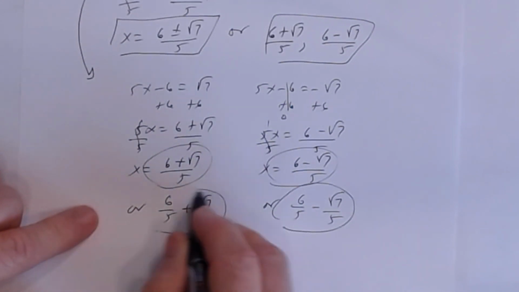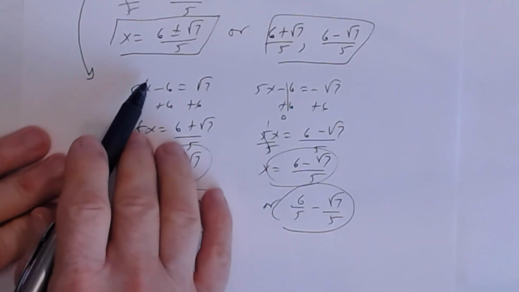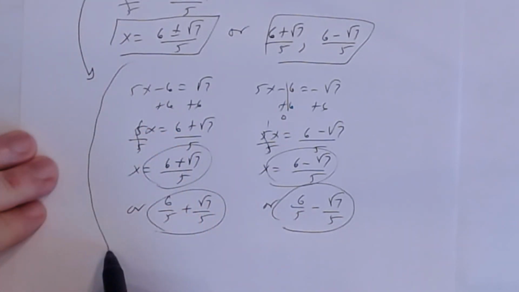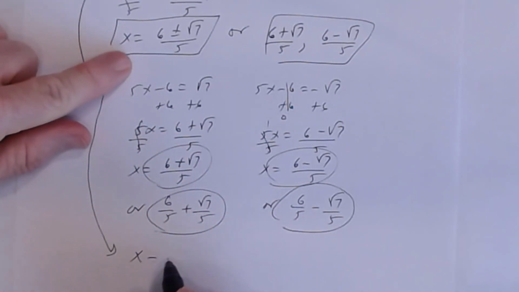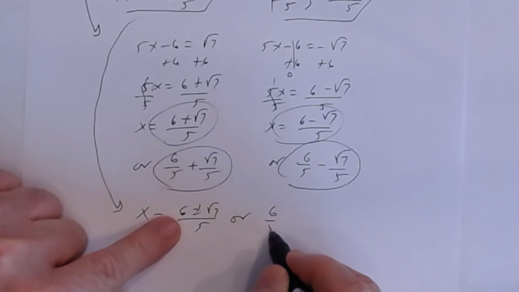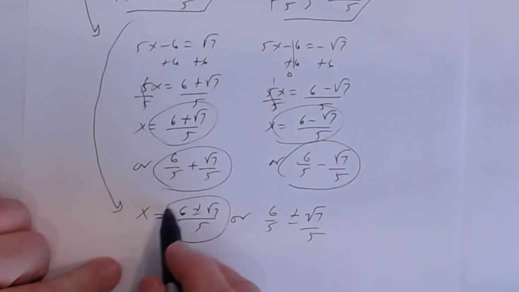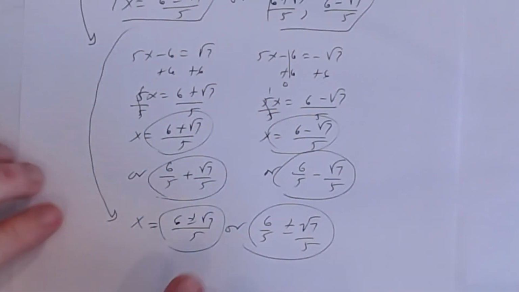So these are all different ways of writing the answer. You could have said x equals 6 fifths plus or minus square root of 7 fifths. Same thing. Those are all equivalent solutions.